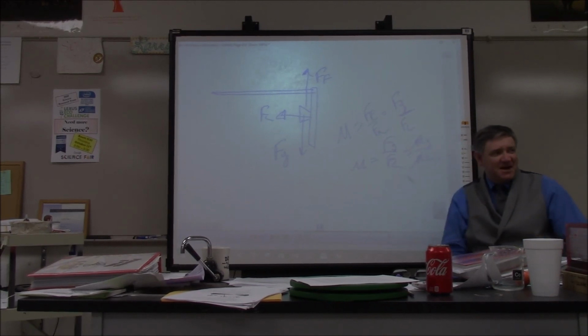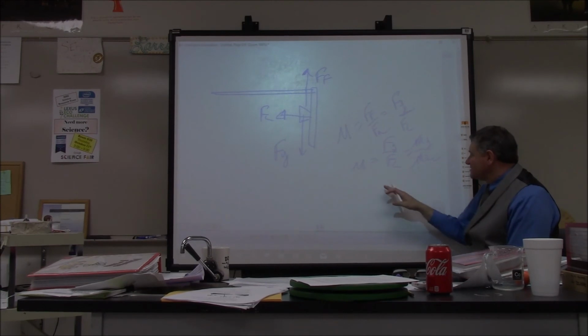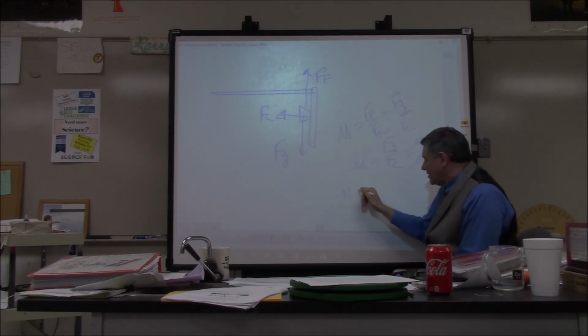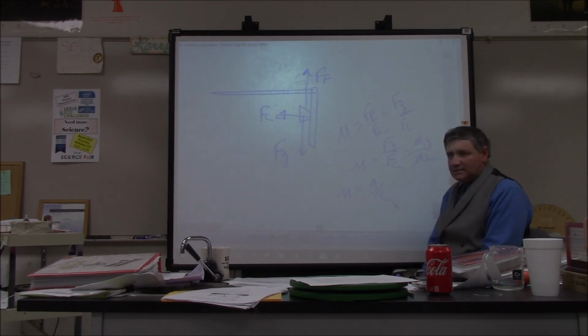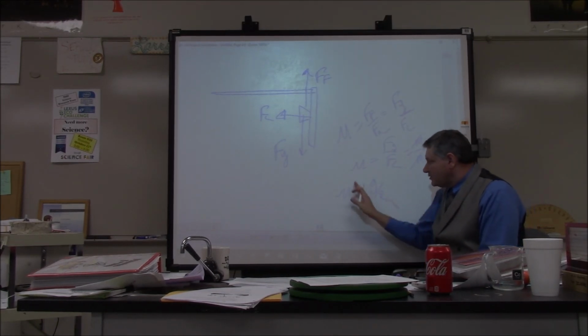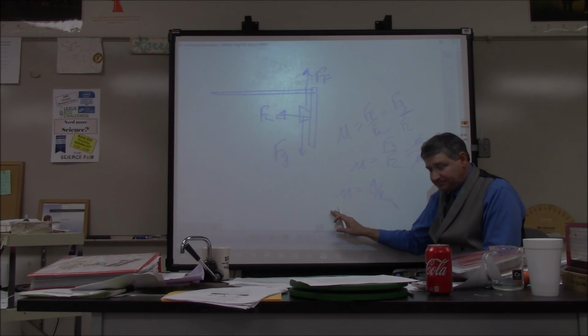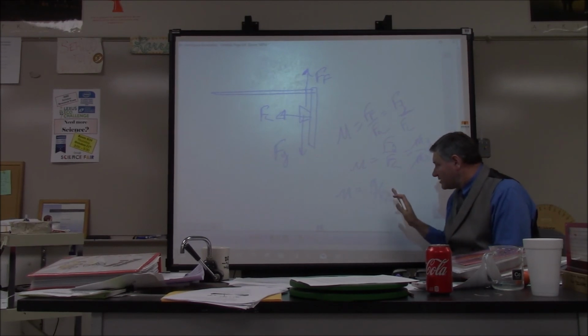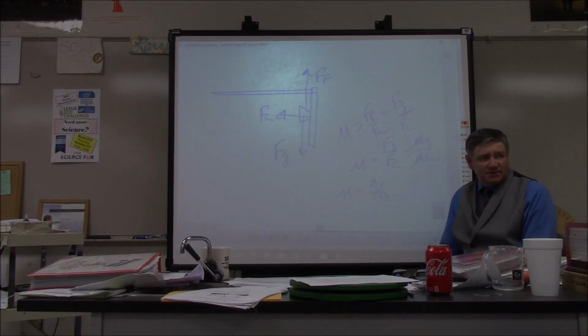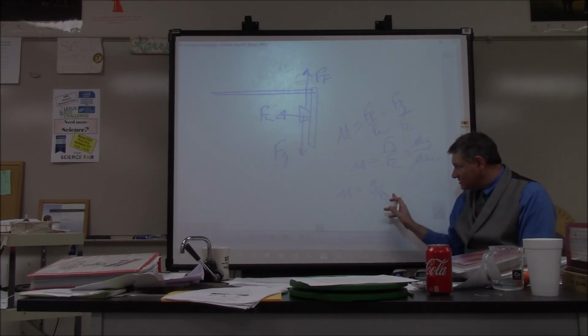So here's the deal. What I end up with is mu equals g over ac, right? So if you know the coefficient of friction, could you calculate the centripetal acceleration? What would you do? How would you get centripetal acceleration by itself?